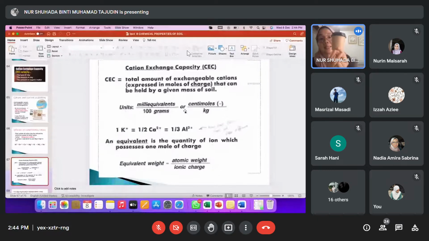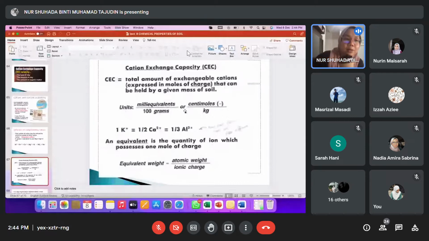Like just now, 20 centimoles, 20 MEQ per 100 grams of soil. Or it is equivalent to 20 centimoles per kg. That is the unit. So what I want to say here, you have units for soil, which we use milli equivalents over 100 grams, or the other is centimoles per kg.